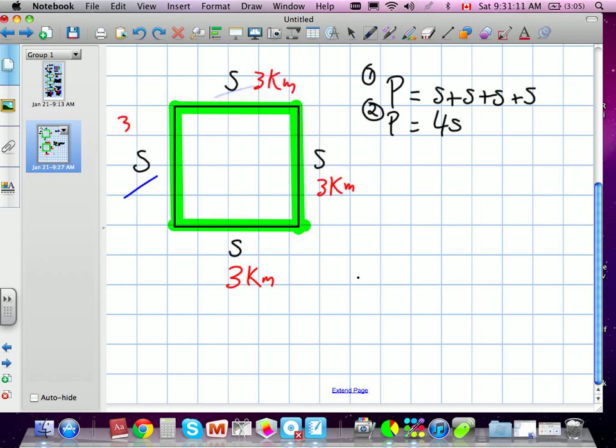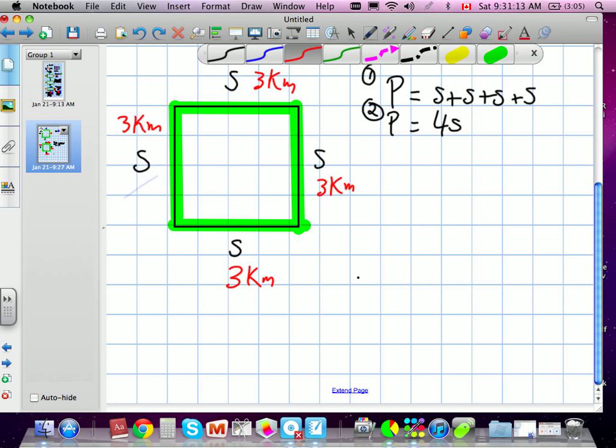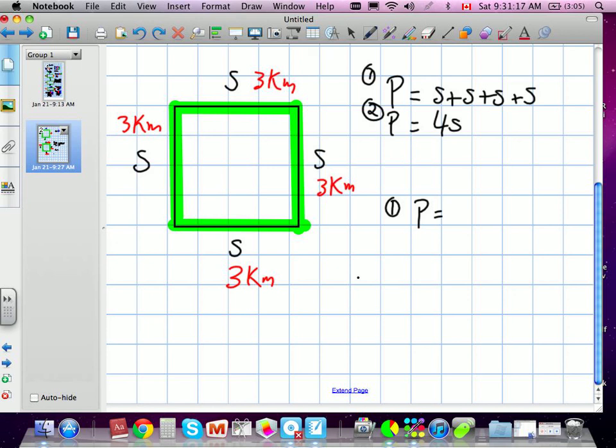We'll use the first formula. Perimeter is equal to, what do I replace these S's with? Yeah, so 3 plus, alright, what is that going to give us? Do you know? Yeah, that's right. We get 12 kilometers.